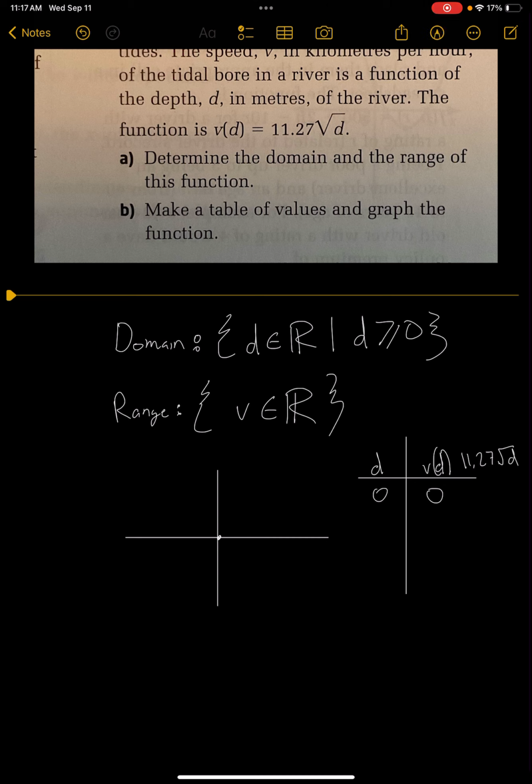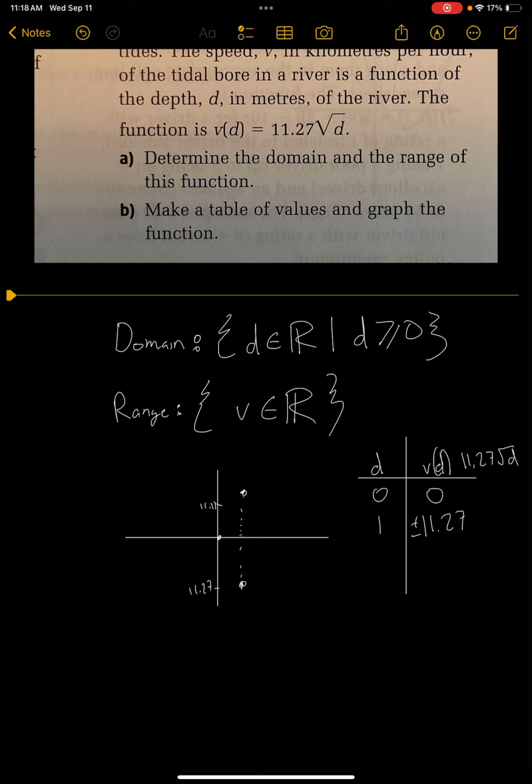And here we have, when d is 1, it's 11.27. So let's just pretend that's 11.27 right there, and it's actually positive and negative. There we go, 11.27 at 1. Let's call that there.